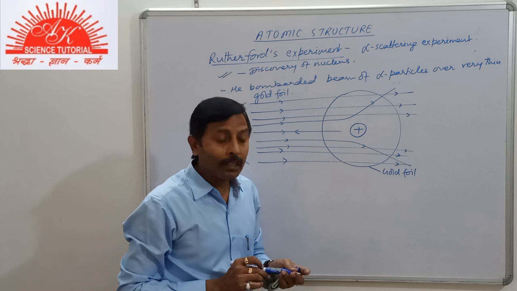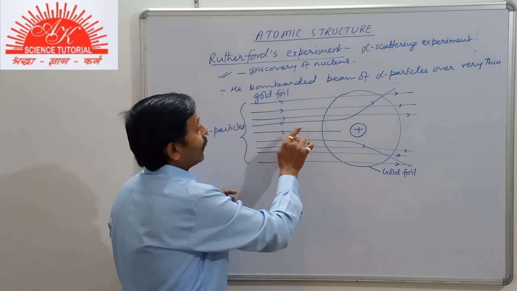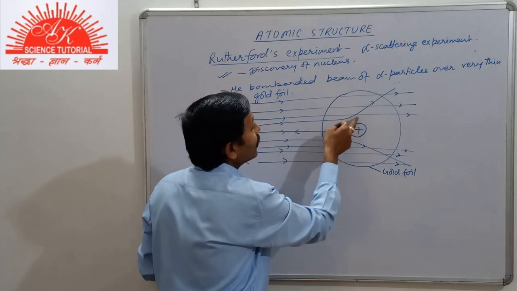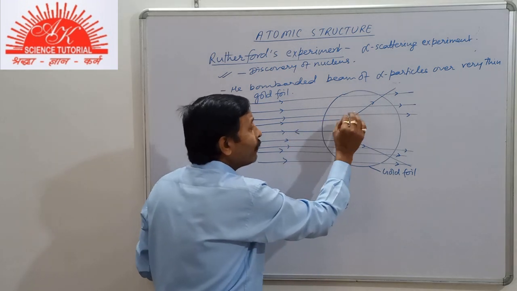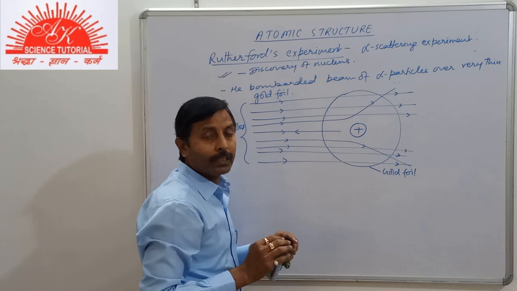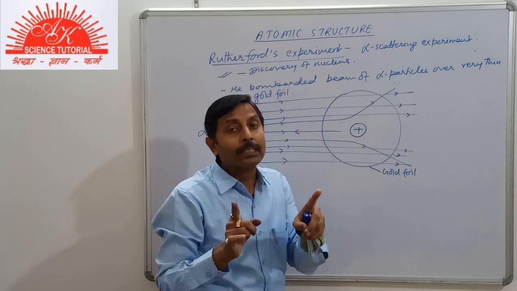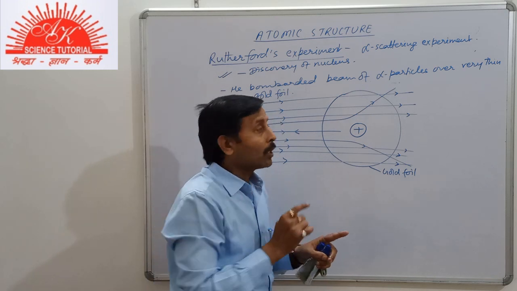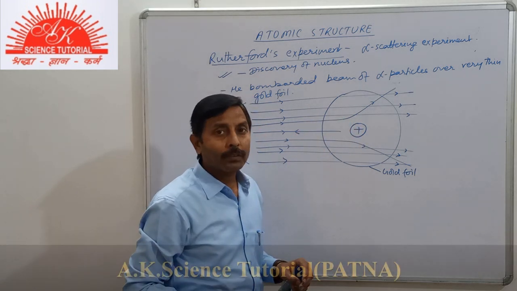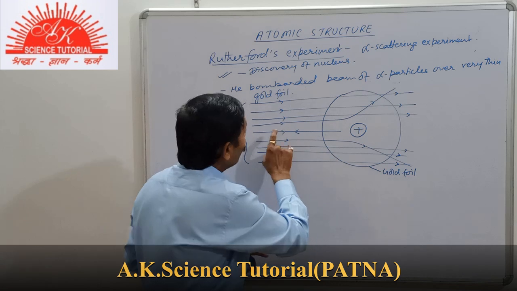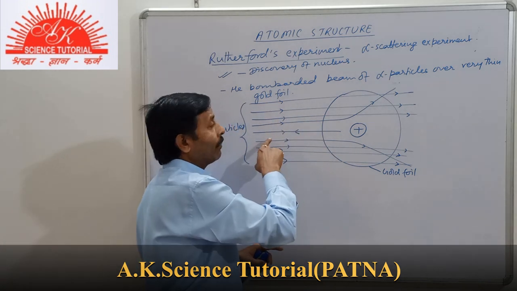Now you see, why is it deflected? Because the alpha particle is positively charged. If there is a positive charge in front of it or in its path, like charges repel each other. So the positive particle was repelled by some positive part in its path. 1 out of 10,000 is reflected back.